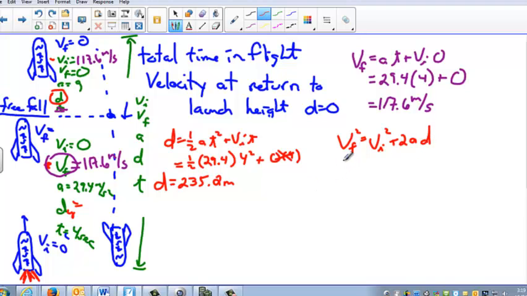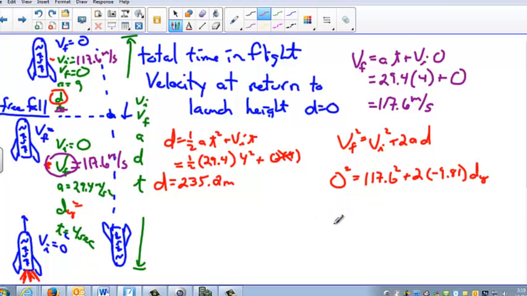Substituting my values, I get a final velocity of 0, initial velocity of 117.6, and 2 times my acceleration, which is negative 9.81 meters per second squared, and dy is what I'm looking for, the height that it goes in the free fall section on the way up.